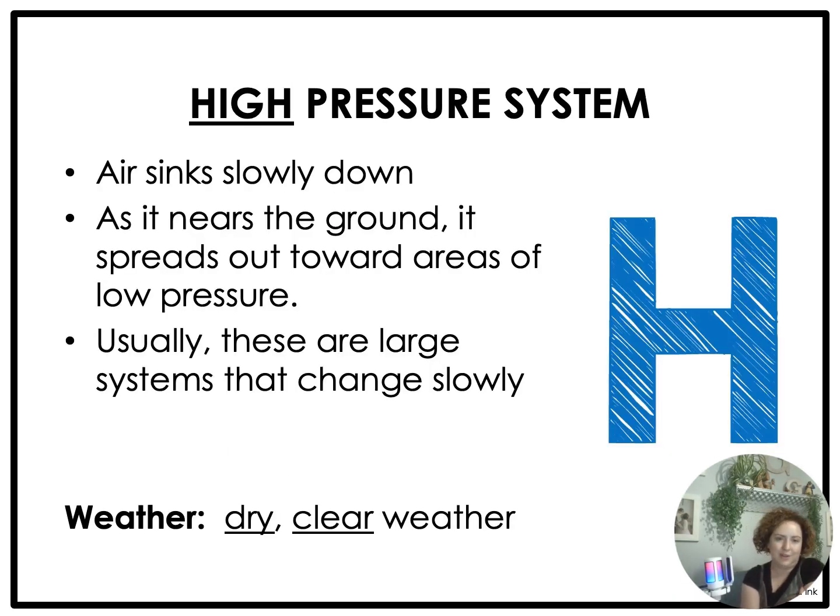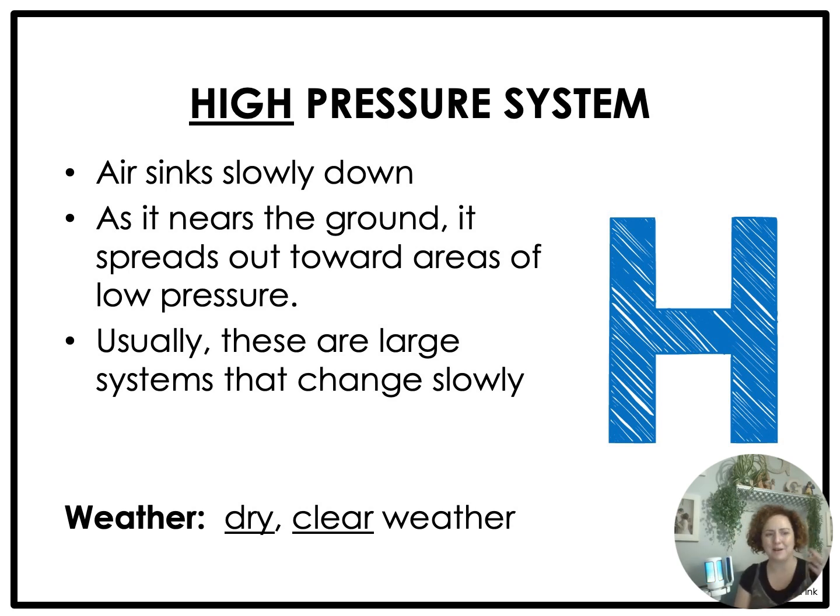Just a quick little reminder, high pressure systems are where air is sinking slowly down. It's near the ground and spreads out towards the areas of low pressure. Usually you see a large system that changes very slowly. So this weather is kind of dry, it's clear, it's that happy weather.